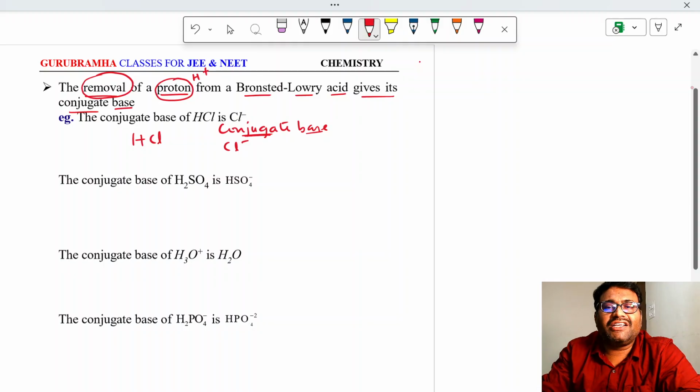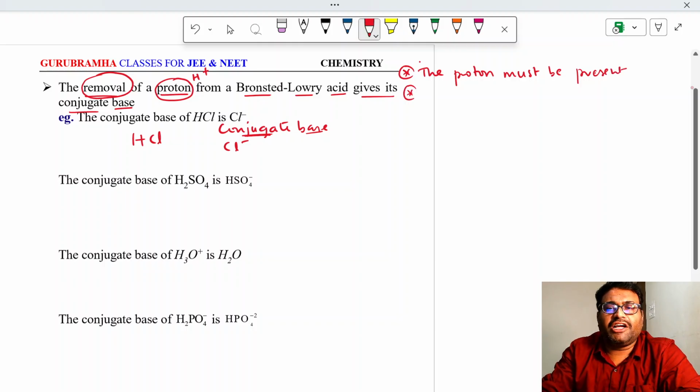The condition is that the proton must be present, and that proton must be able to be removed.